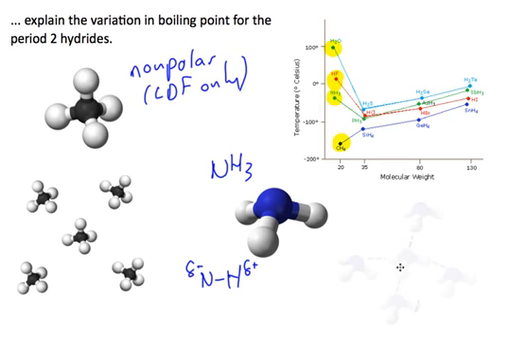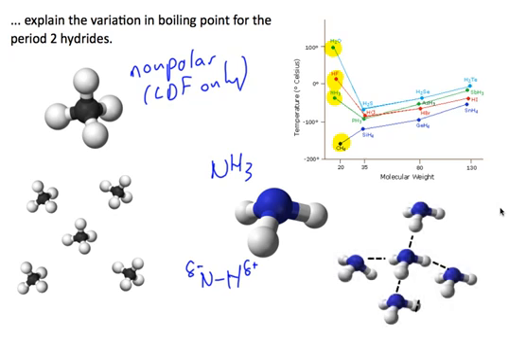And when they do that, you get these hydrogen bonds between molecules. And so now we can see here, all of these are hydrogen bonds. And so hydrogen bonds are certainly stronger than dispersion forces.